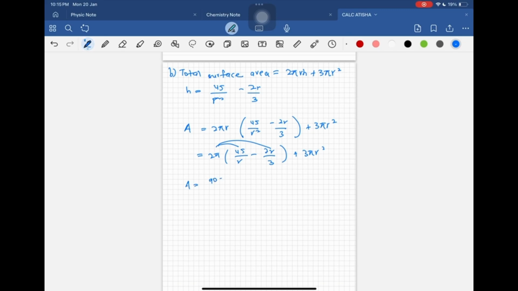Substituting the expression for h derived in part a, which is h equals 45 over r squared minus 2r over 3, into the formula, we simplify the terms to show that the total surface area of the container is indeed A equals 5 over 3 pi r squared plus 90 pi over r.